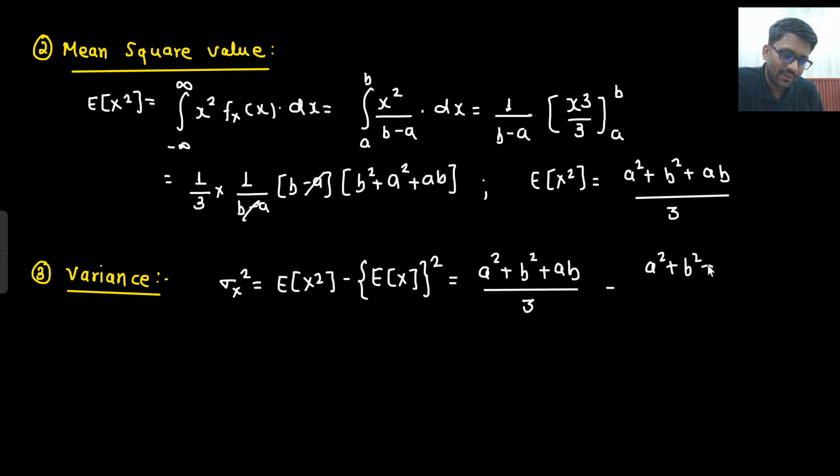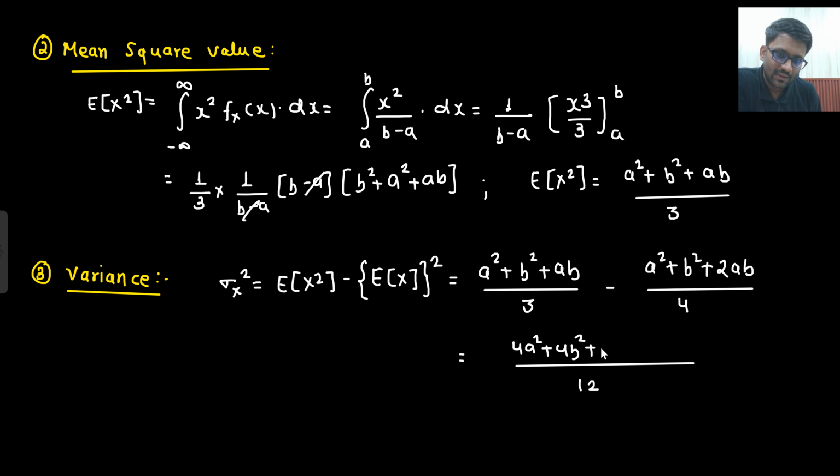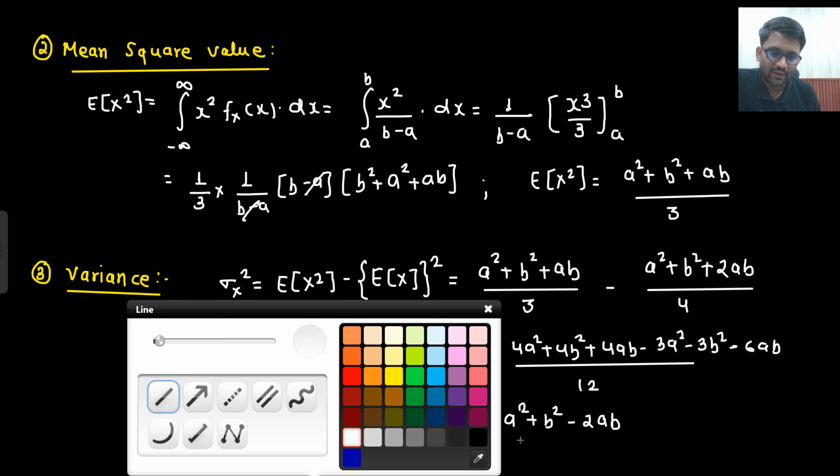So a square plus b square plus 2ab divided by 4. So what is the LCM? LCM is 12. So 4a square plus 4b square plus 4ab minus 3a square minus 3b square minus 6ab. So what you are getting? a square plus b square minus 2ab divided by 12.